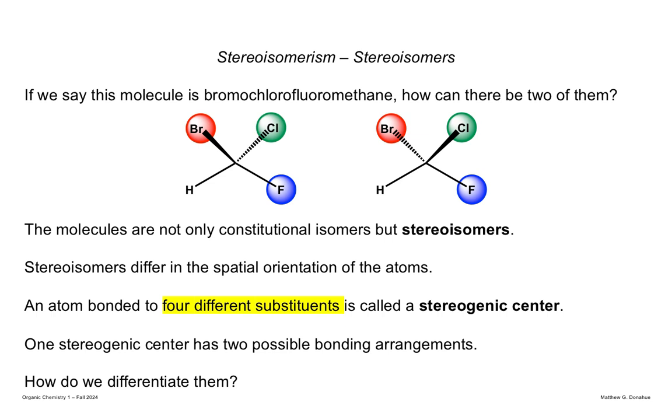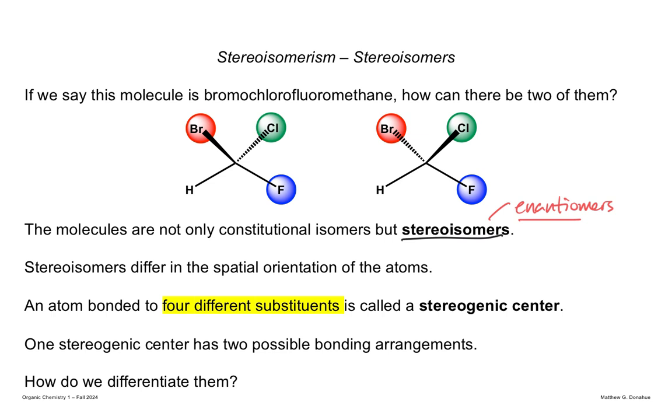And the word that we use is enantiomers. So enantiomers are exact mirror images.